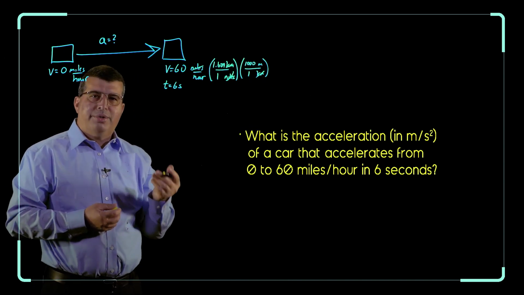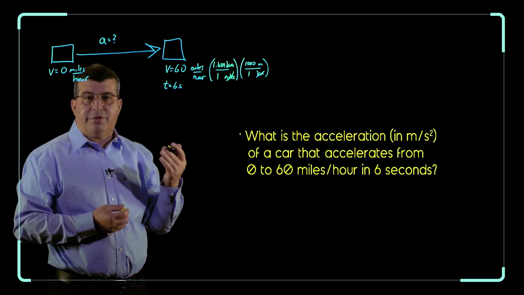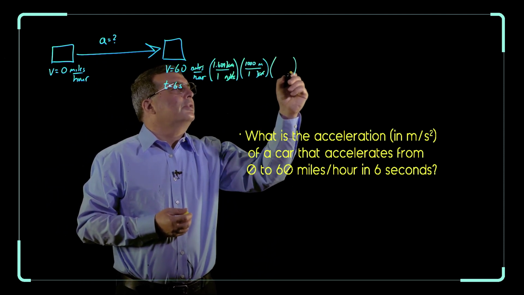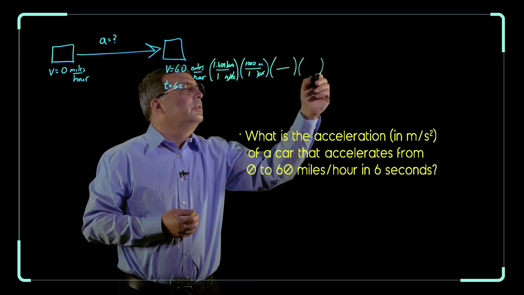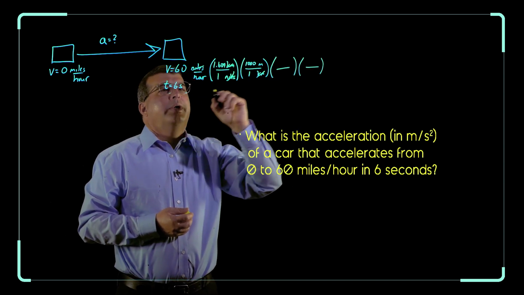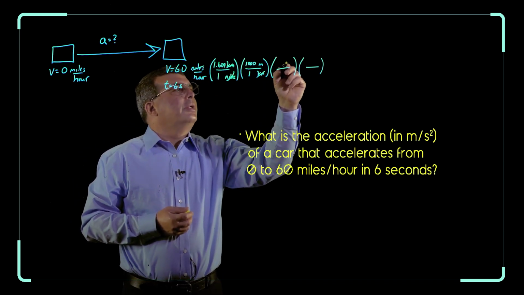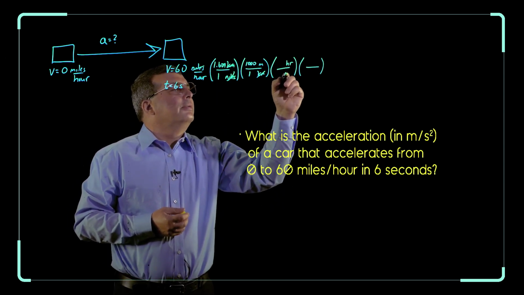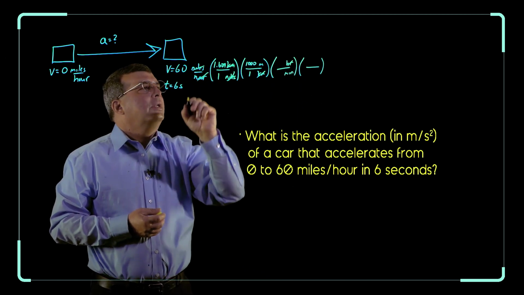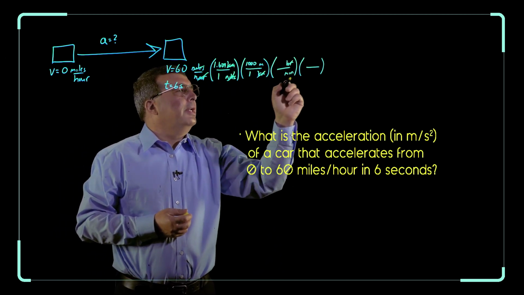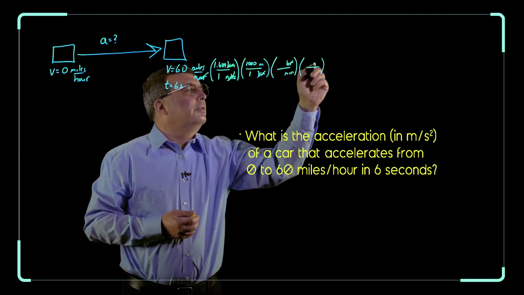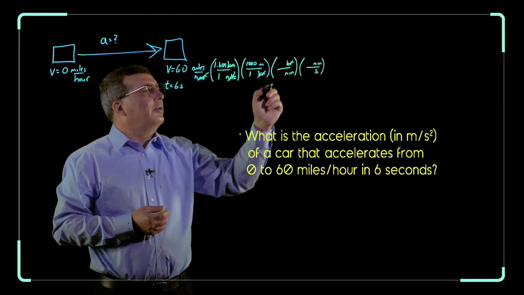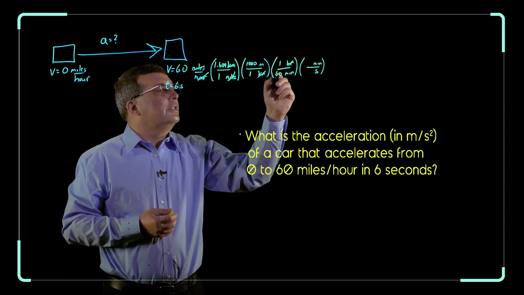We want to change our hours to seconds. So first we'll change our hours to minutes and our minutes to seconds. So that's 2 conversions. So hours is in the denominator. So hour goes in the numerator to cancel out. Now we have meters per minute. Minutes in the denominator. Minute goes in the numerator. And seconds in the denominator. And 1 hour is 60 minutes.